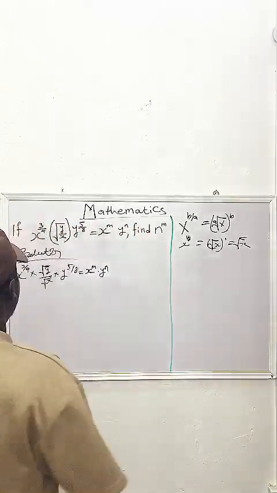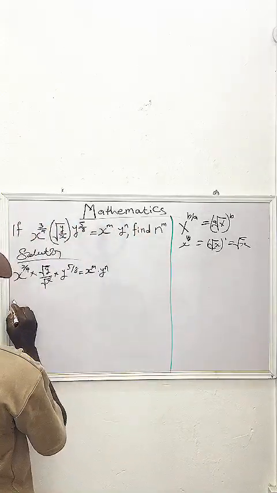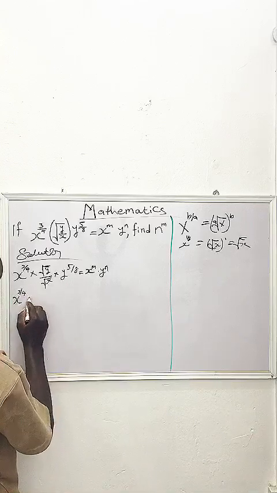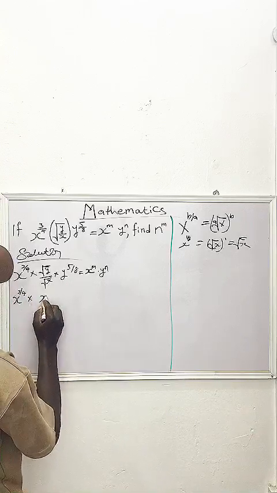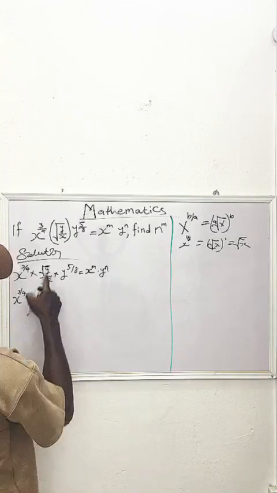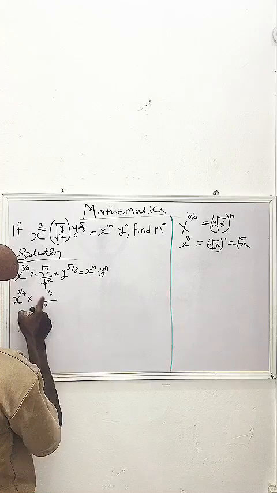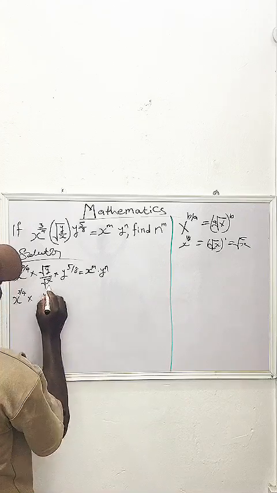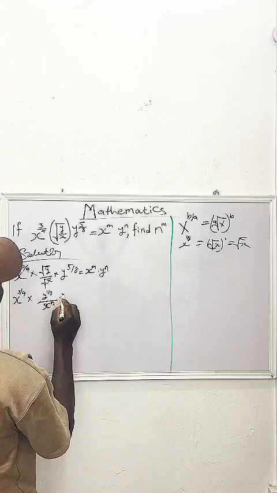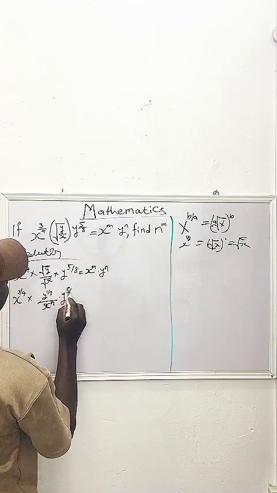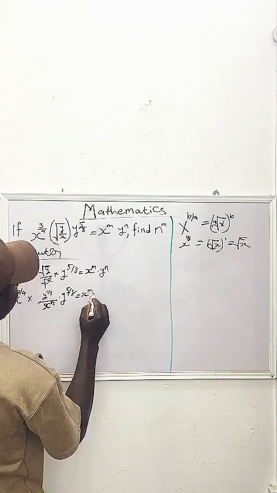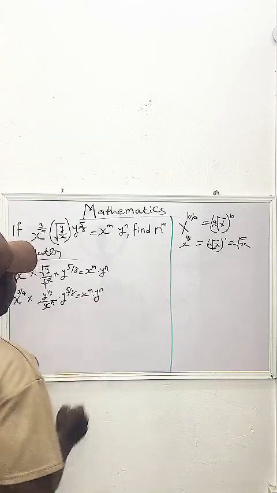In that case, here we are going to have x raised to the power 3 over 4 multiplied by, sorry, here is y, y power half all over x power half, dot y power 5 over 8, is equal to x raised to the power m dot y raised to the power n.